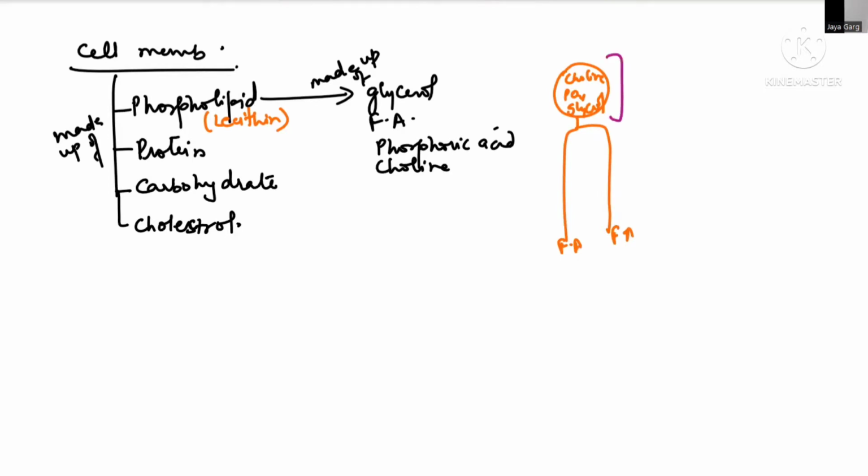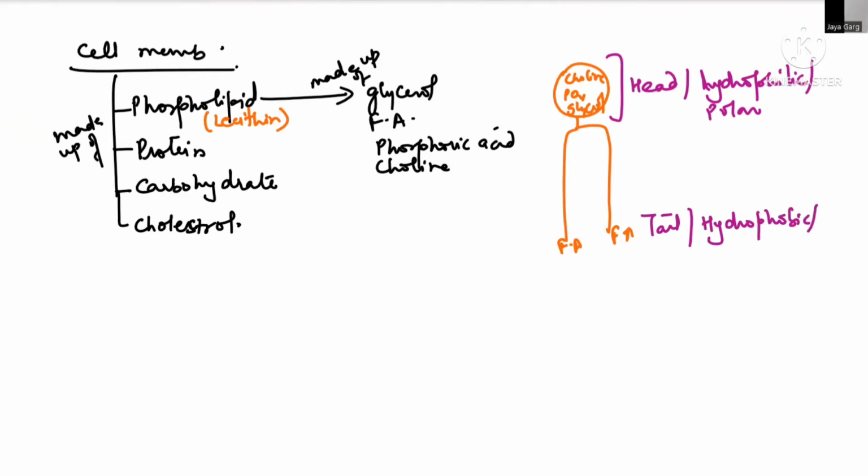The head is hydrophilic, also known as a polar molecule, and the tail is hydrophobic, meaning non-polar. Because of this, it has both natures, polar and non-polar. You call it phospholipid because it is an amphipathic molecule.